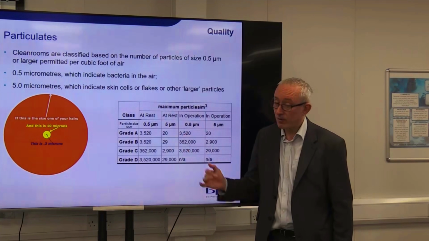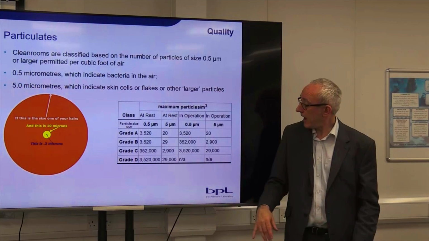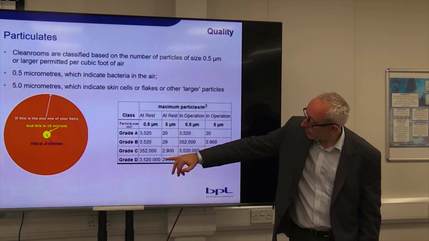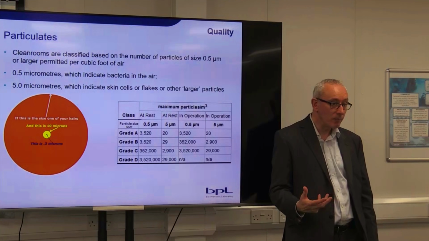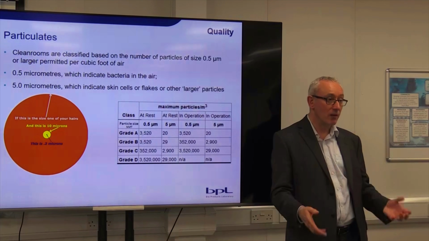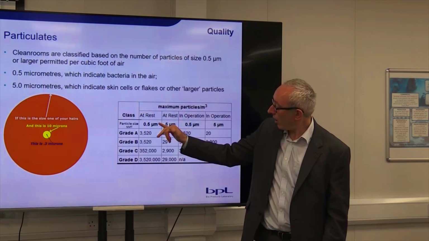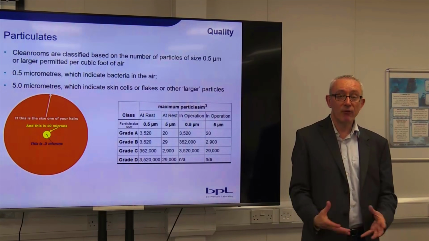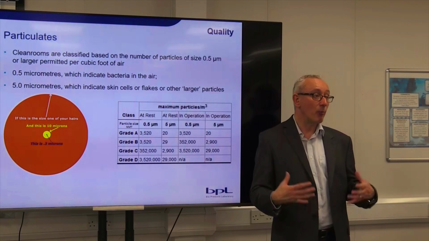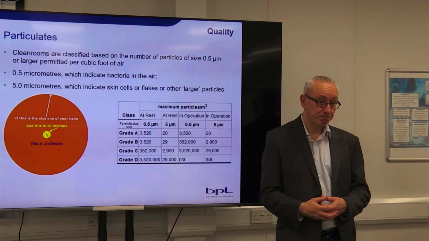And the 5 micron is more representative of larger skin particles. These numbers here are the maximum number allowed in European law within a clean room of a given grade. So one of the things we're trying to do is to say, are those numbers of particles in control? Are we manufacturing and producing our products to the right level of contamination?